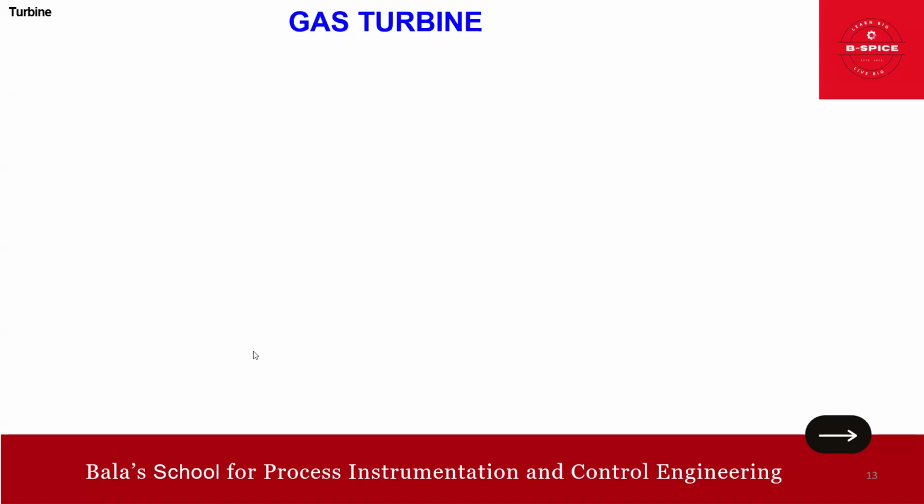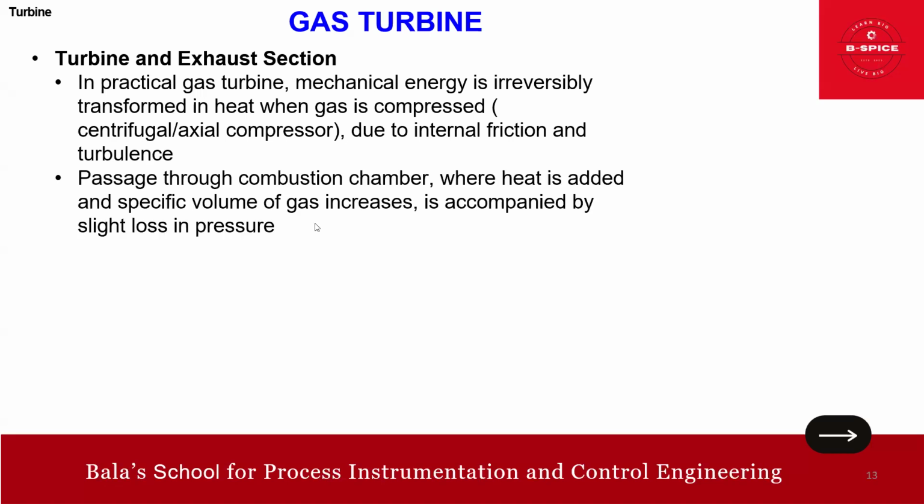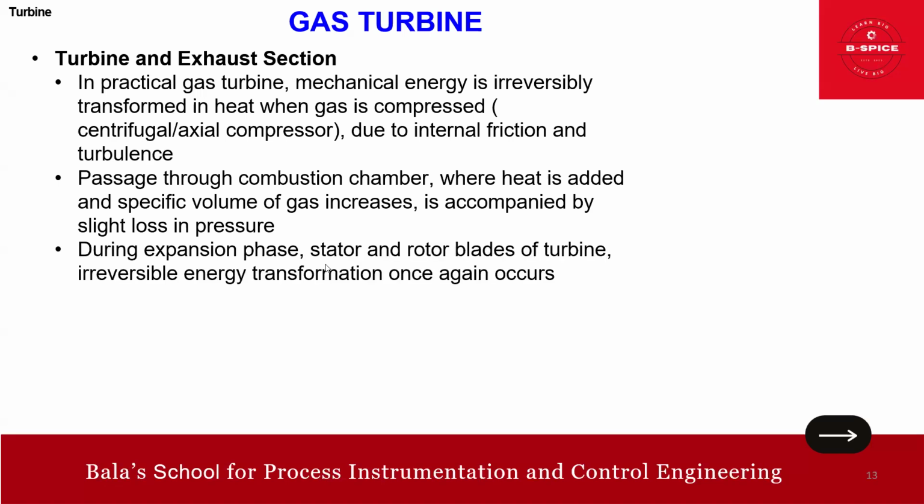But practically, mechanical energy is irreversibly transformed into heat when gas is compressed due to internal friction and turbulence. So the passage to the combustion chamber where heat is added and specific volume of gas increases is accompanied by a slight loss in the pressure, just for your info. So during the expansion phase, in the stator or rotor blades of the turbine, irreversible energy transformation once again occurs. Okay. So just remember this, no need to worry much on this section.